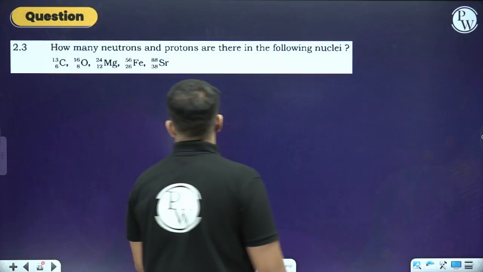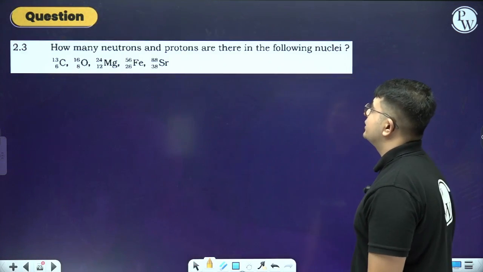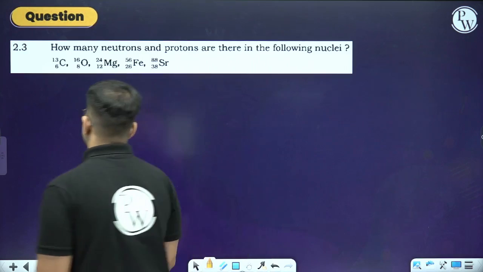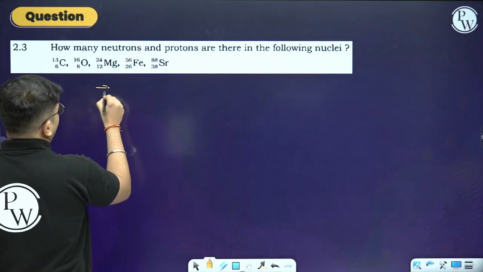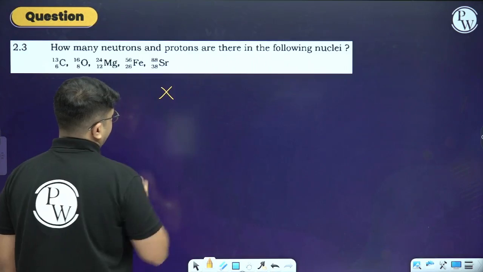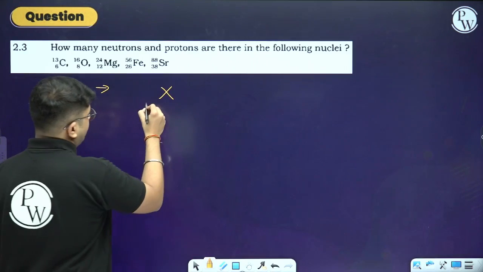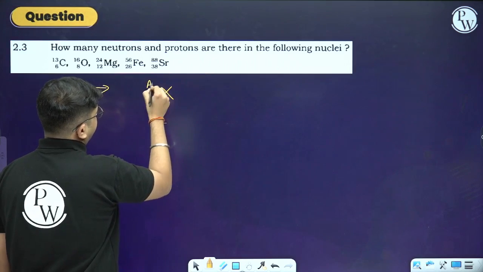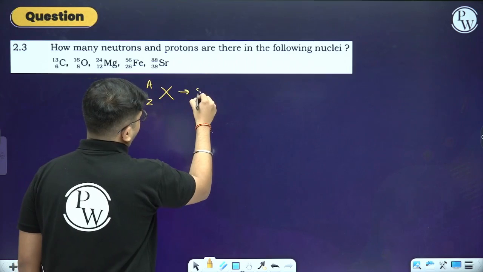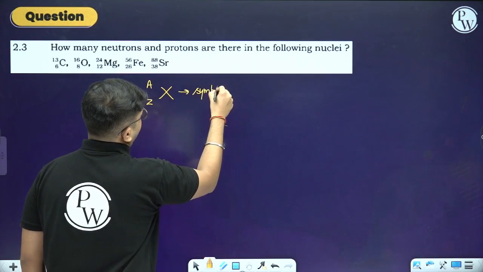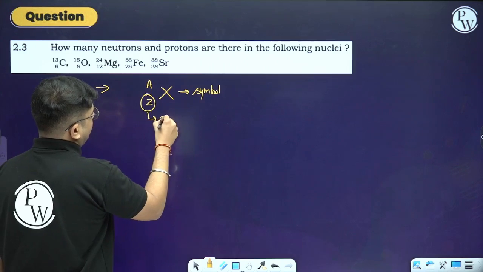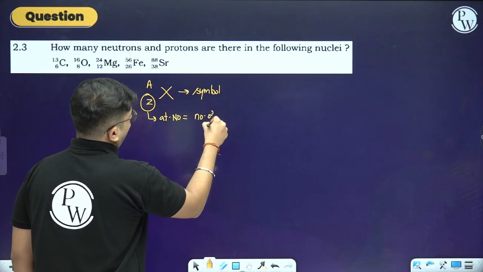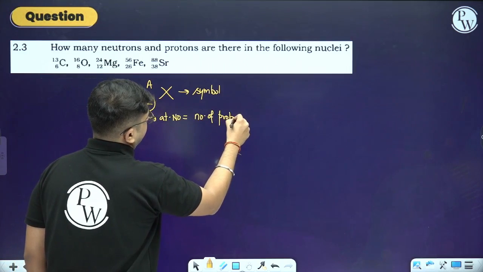Now the question is, how many neutrons and protons are there in the following nuclei? You know this particular part from the previous chapter also, that is the representation of a particular atom. If I am representing a particular atom, we have the symbol of that atom, then we have the first part which is Z, as well as the next part A. So this is the symbol, this is the atomic number which is equal to the number of protons.